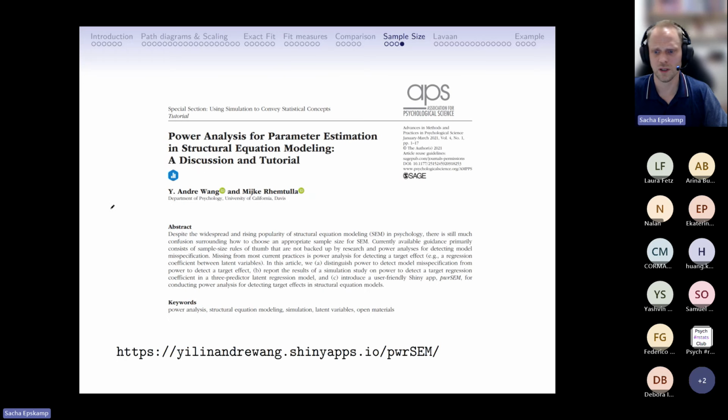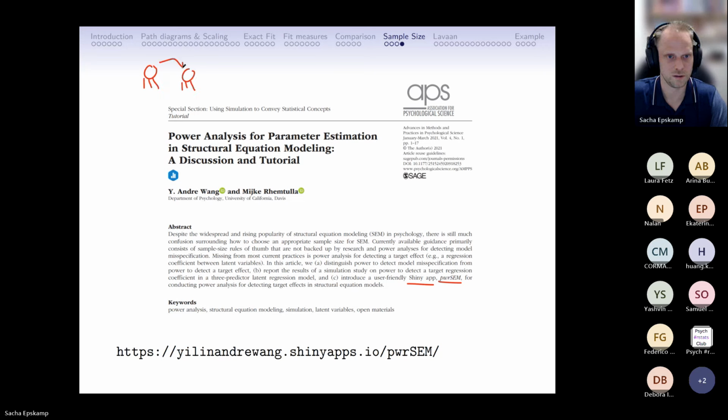There's a nice paper where there's a Shiny application that allows you to simulate data, which is quite nice. Where you say, for example, okay, I have a model in mind, like let's say this model here. And what are you actually interested in? Right?